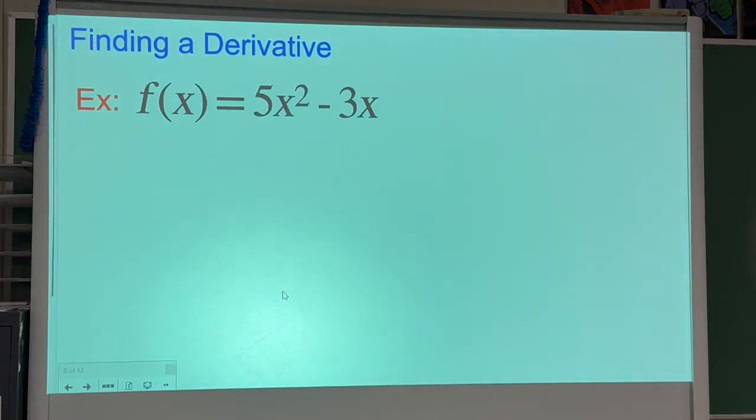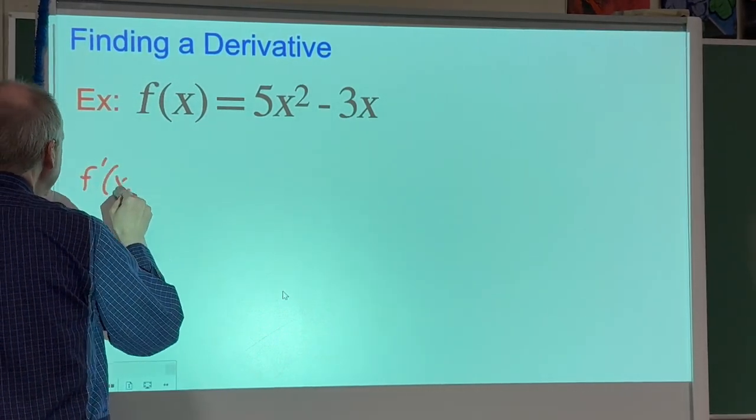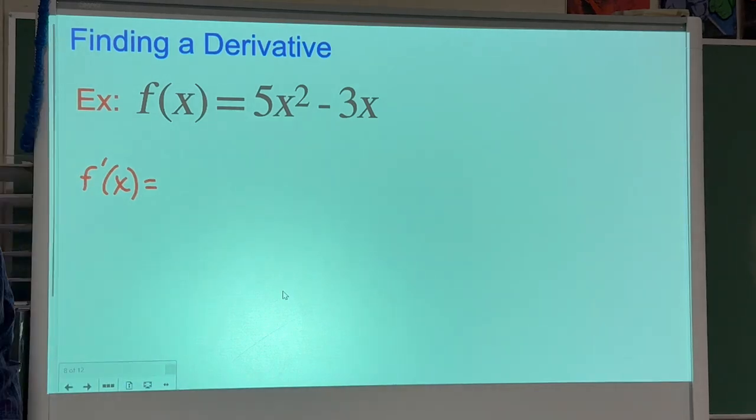Let's find the derivative of 5x squared minus 3x. Our derivative, f prime of x, will equal what?